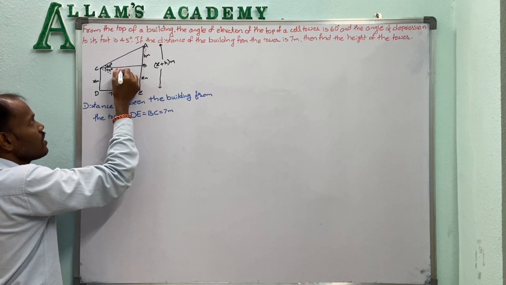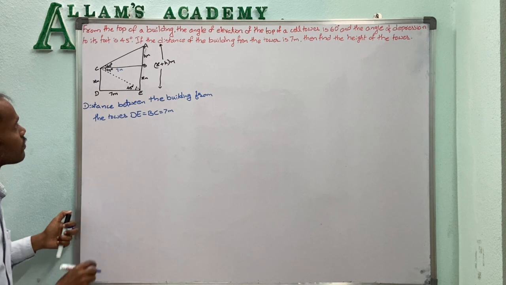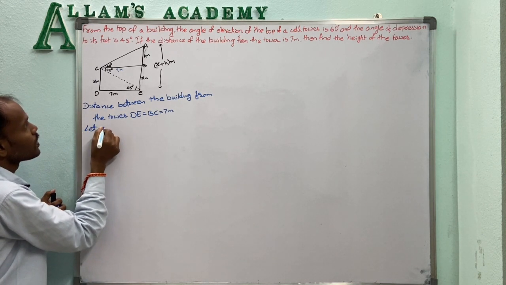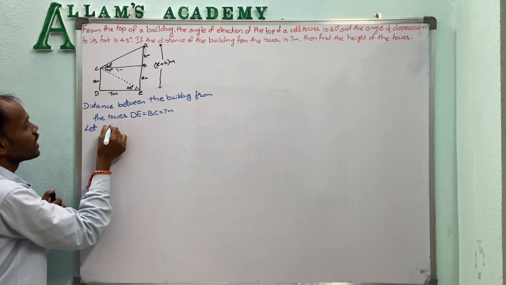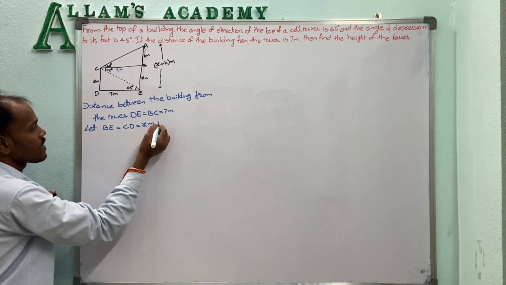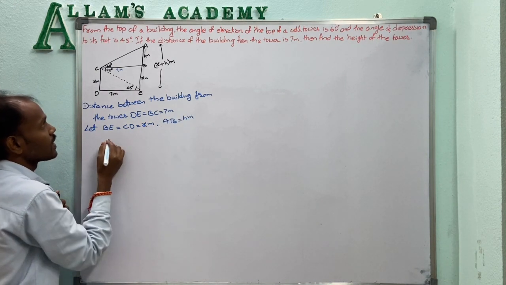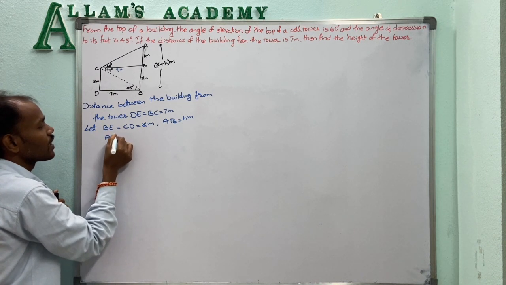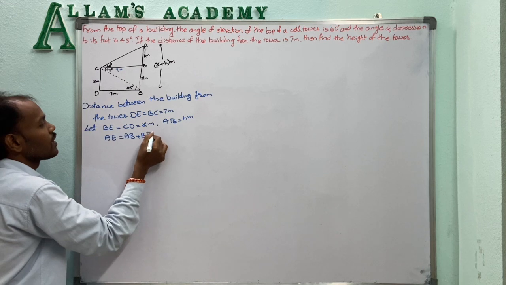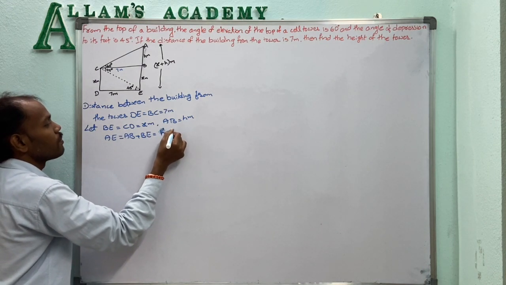Here it is also 7 meters only. Next, let BE equal to CD equal to x meters, AB equal to h meters, then AE equal to AB plus BE, that equals h plus x meters.